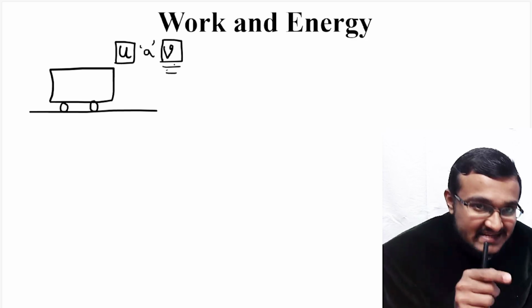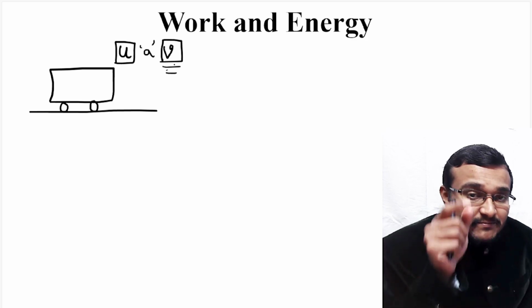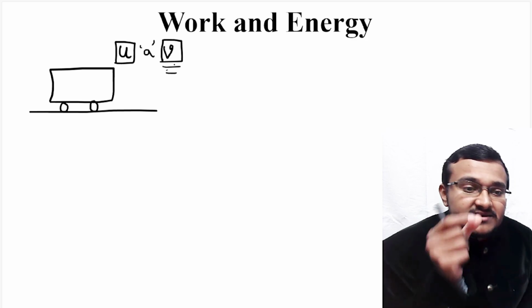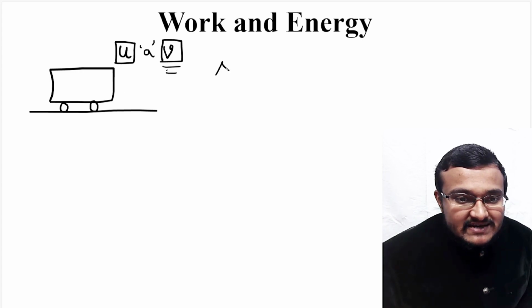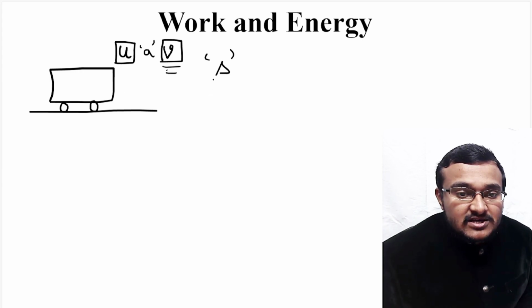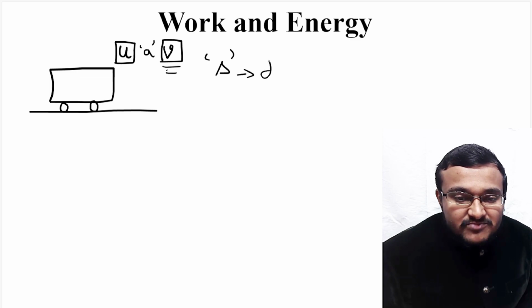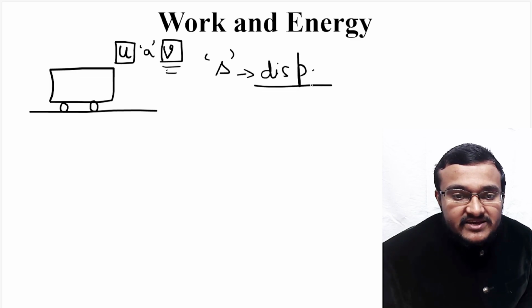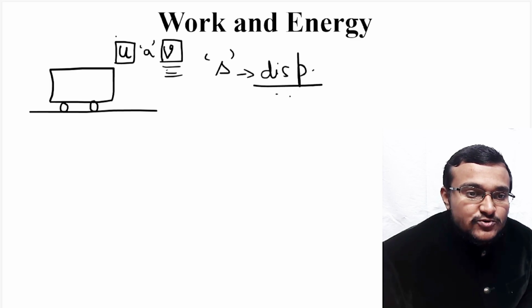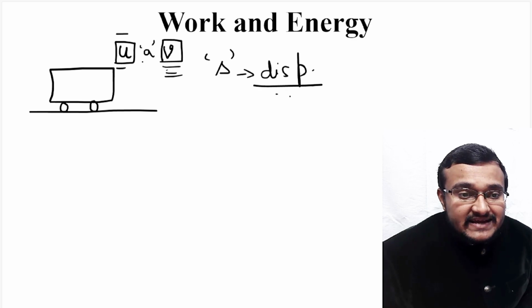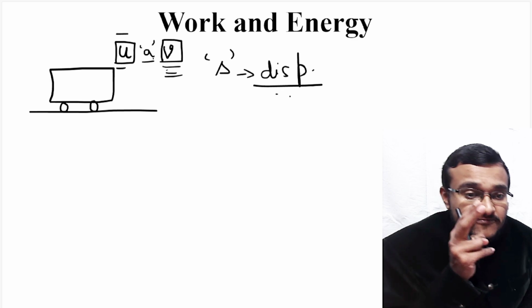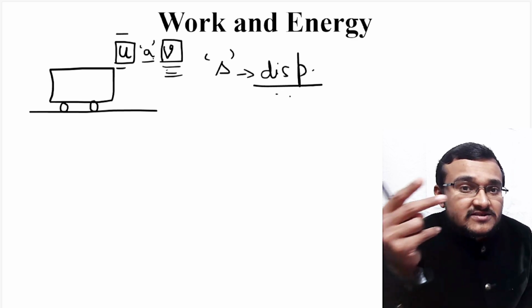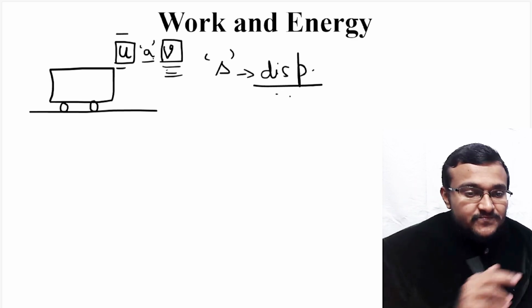Because of this gain in speed, there is a certain amount of extra displacement, known as s. So s is displacement, v is final speed, u is initial speed, and a is the acceleration responsible for this car reaching speed v from speed u.